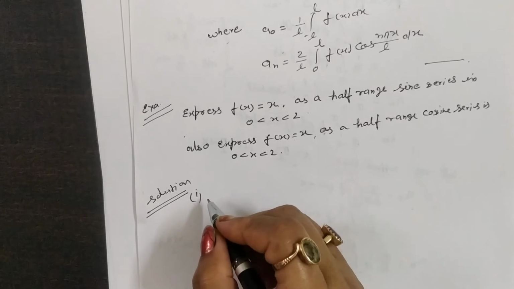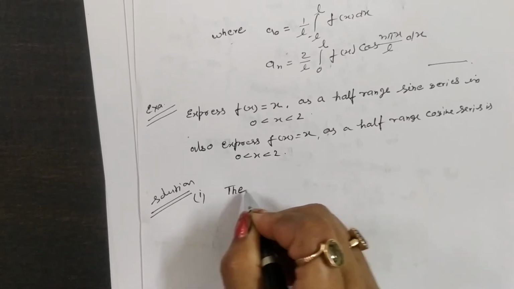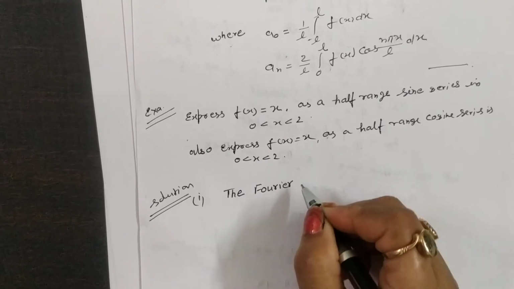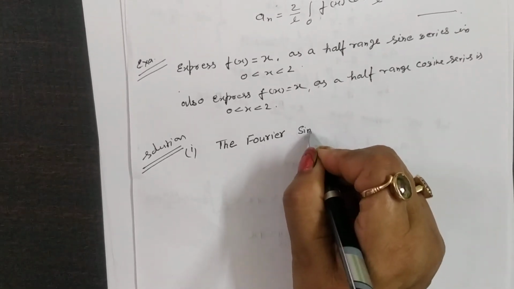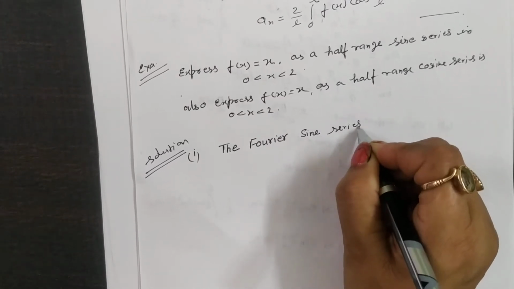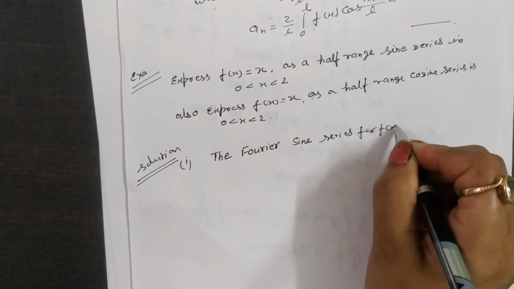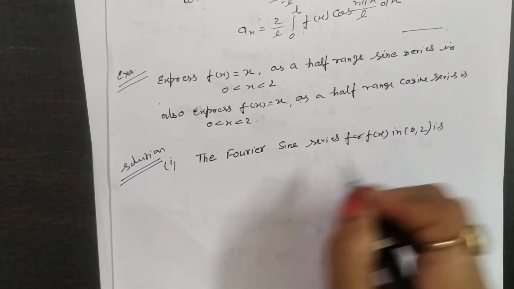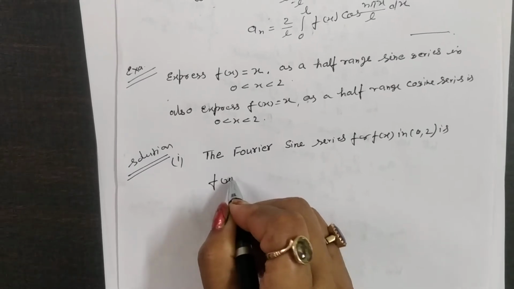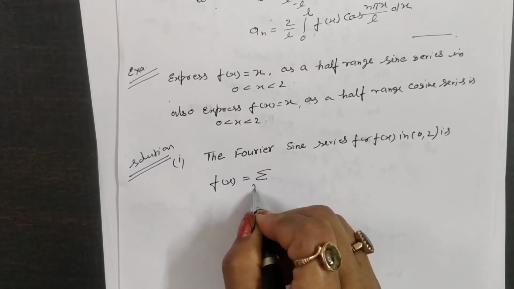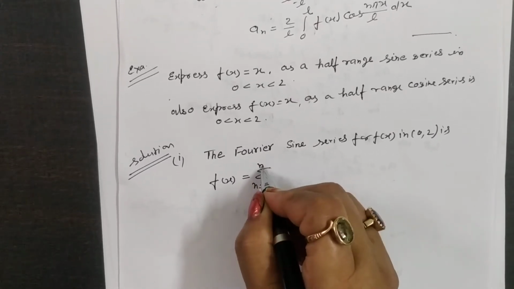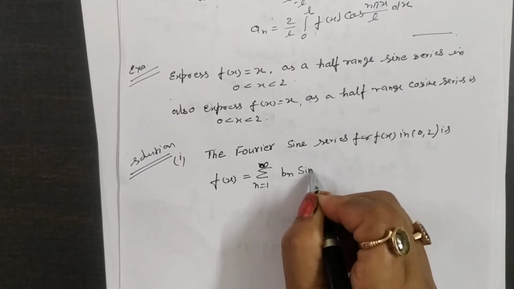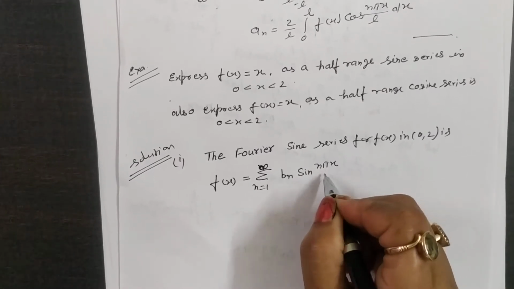I have defined you the Fourier sine series for f of x in the interval 0 to 2, which is f of x equal to sigma n varying from 1 to infinity b n sine n pi x by 2.